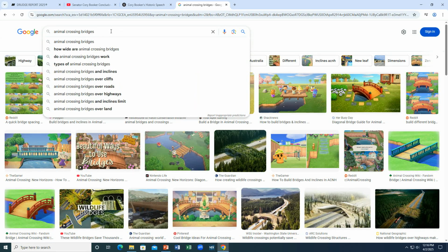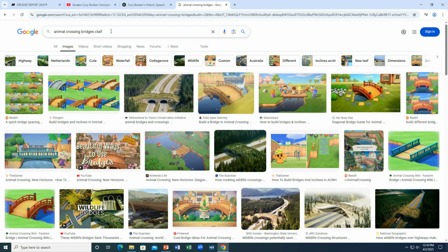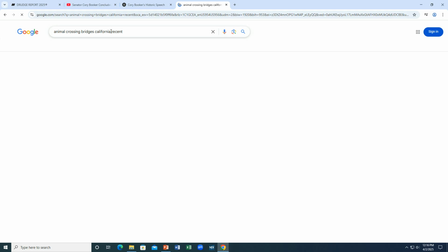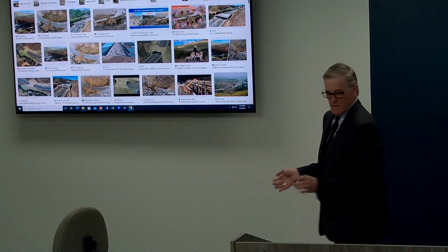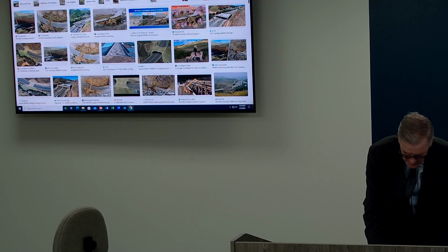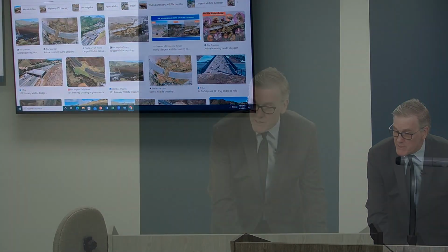Okay, so California, recent. Okay, non-cartoons. Feel better? Good. Okay, so let's zoom in and make some of these bigger. So that's what they're doing. They're building these bridges across highways so animals can get across.